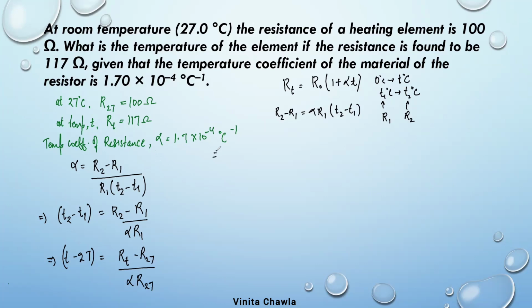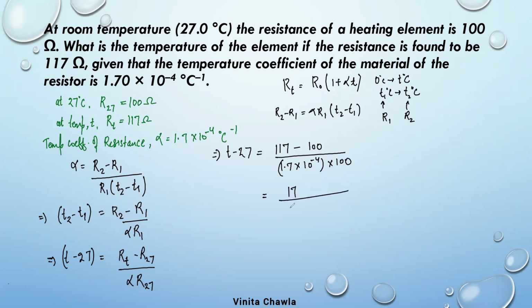Therefore T minus 27 is equal to resistance at temperature T, which is 117, minus resistance at 27 degrees Celsius, which is 100 ohm, divided by alpha, whose value is 1.7 into 10 raised to the power minus 4, times R27, which is 100. Just put the values here. What will you get now? 117 minus 100 is 17.